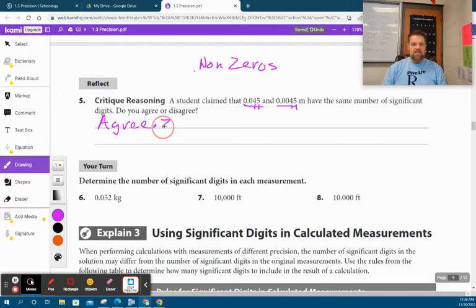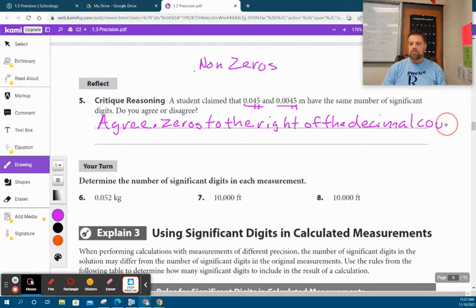And here's the reasoning. Zeros to the right of the decimal, and I shouldn't say they don't count. I'll word it a little better.